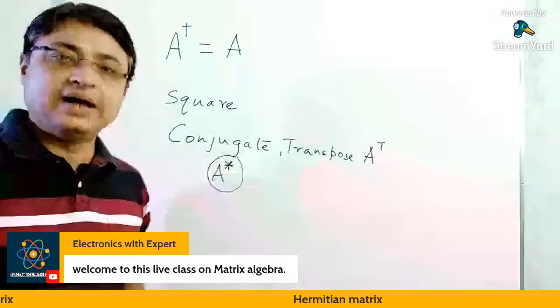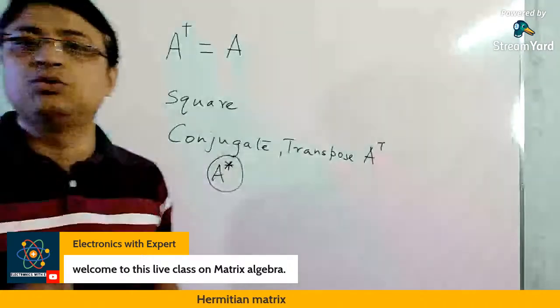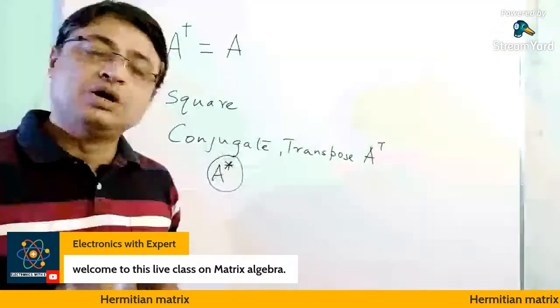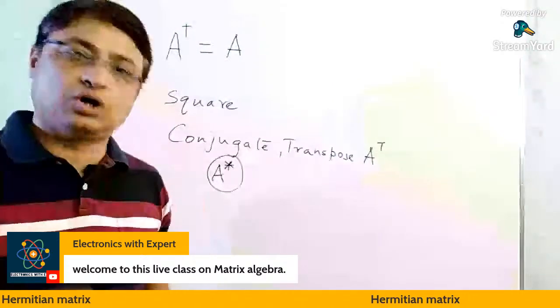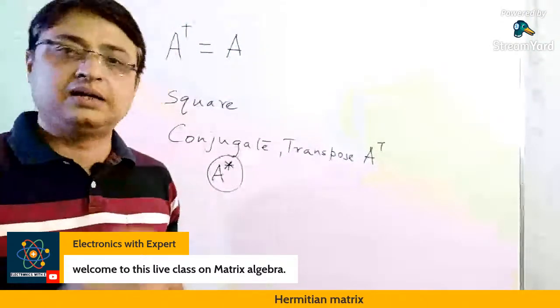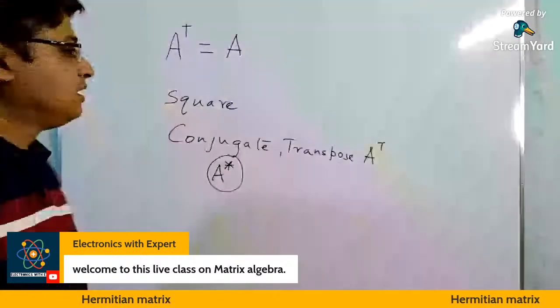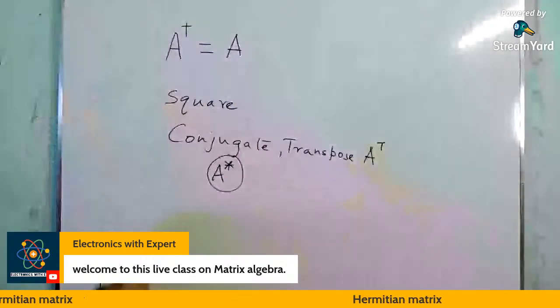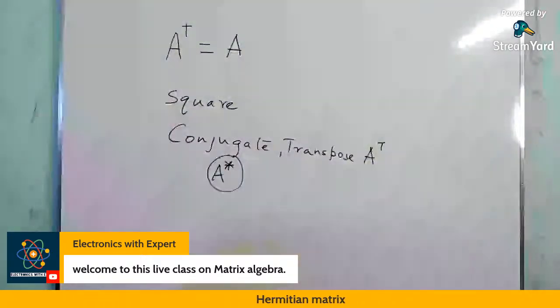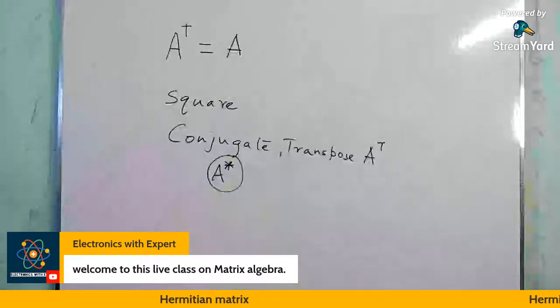To find this conjugate of a matrix, you have to find out the complex conjugate of each and every element of the matrix. Now let's return to the definition of a Hermitian matrix.